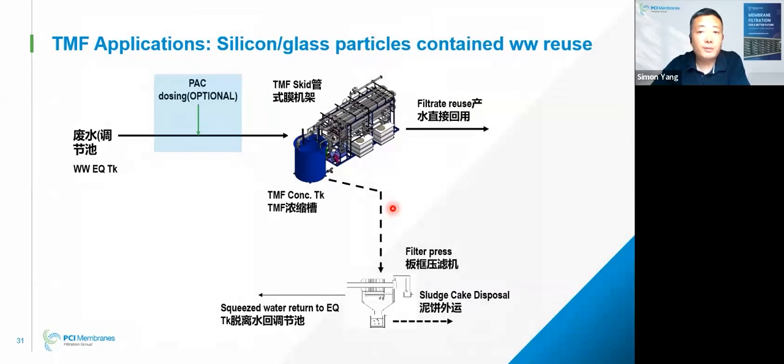The process is simpler. Normally there's no chemical precipitation stage. However, to enhance TMF performance, according to our experience, sometimes PAC, which is polyaluminum chloride, needs to be dosed before TMF separation.